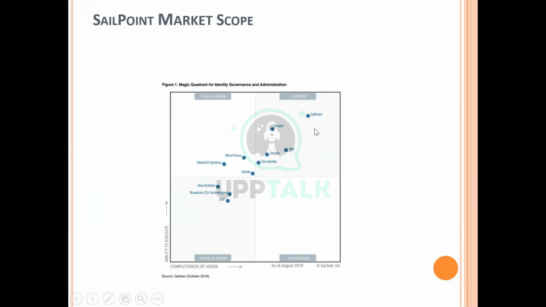Okay, so as you can see that SailPoint is leader, and SailPoint has been leader for the last 4 5 years, and it will be leader in the coming 4 5 years as well. The problem with the Savient is, in the Savient you have very less control over the customization. So this is the biggest challenge with the Savient.